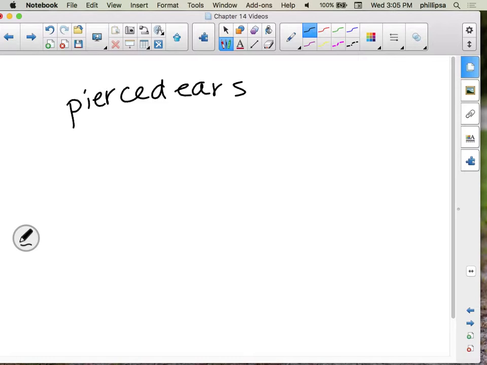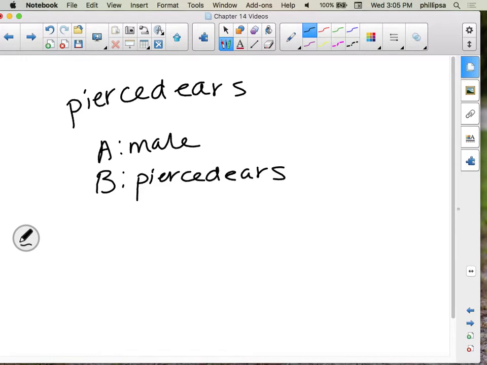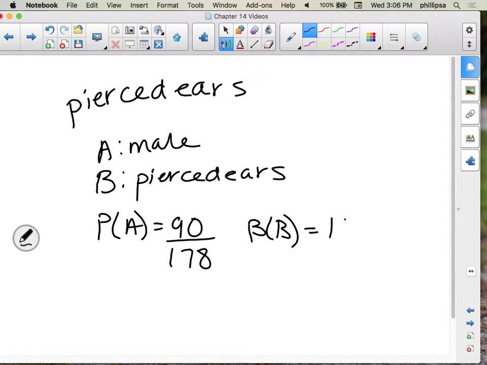The events of interest were A, that they were a male student, and B, that they had pierced ears. So I knew that the probability of A was 90 out of a total of 178 students, and the probability of B was 103 out of the 178 total students.